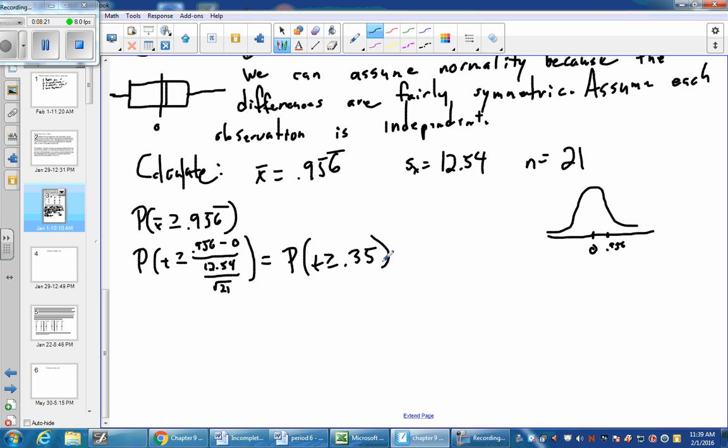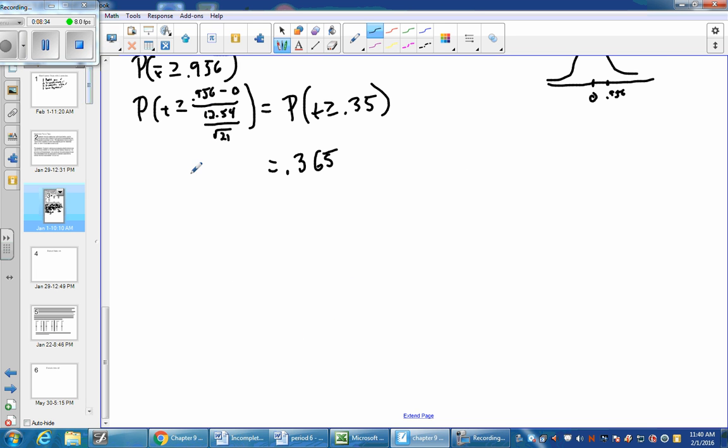Now the probability t is greater than 0.35, we can do a t-CDF, and the probability would be 0.365. That's our p-value. So our p-value is quite high. So now let's interpret this.